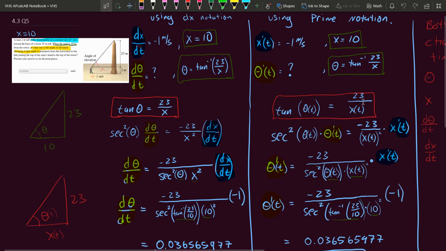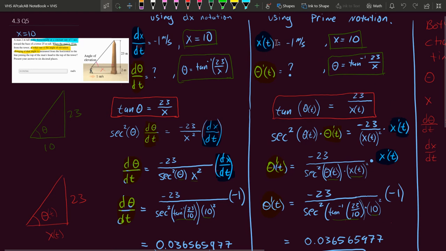So you're differentiating with respect to time, and you end up getting a negative 23 over x squared, because the derivative of 23 over x is a negative 23 over x squared. And then you have to rewrite this function in there, and then you take its derivative and write it here.